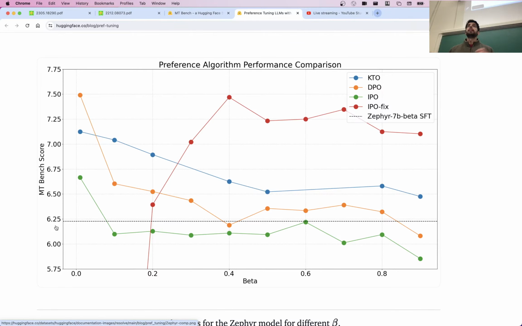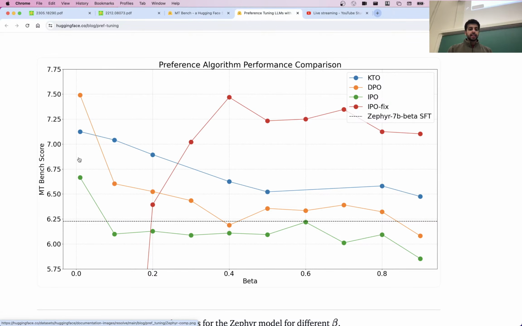Now we look at DPO, which is this orange curve here. We see that the output increases to 7.5 out of 10 on average when we're using a very small value of beta, but it seems to degrade and even get worse than the SFT model when we use a high beta, which kind of makes sense.